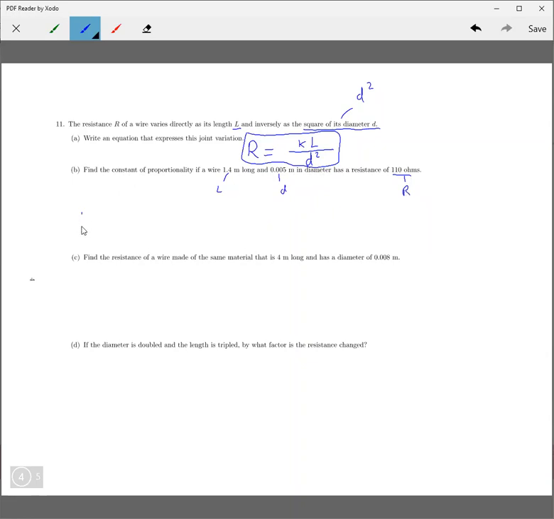This R gets replaced with 110. K is still there, that's what we're trying to find. L gets replaced with 1.4. And D gets replaced with 0.005, but it's squared, so it's like that.